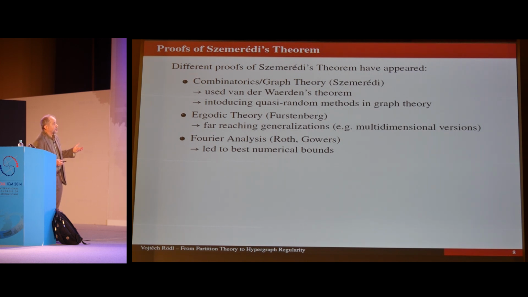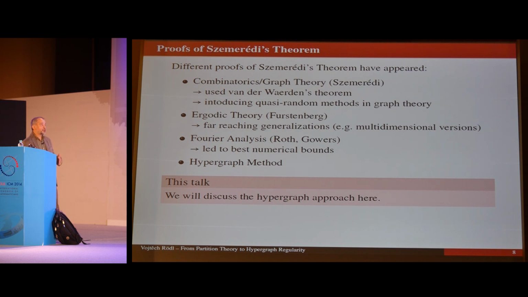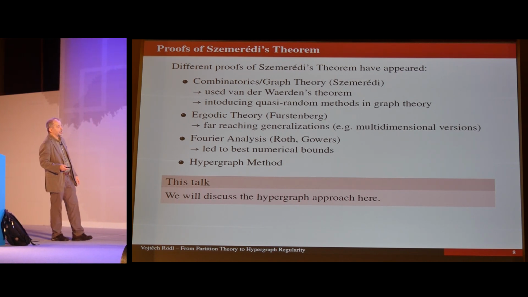On the other hand, there is another approach using Fourier analysis, originally started with Roth, and then Sanders and Gowers gave the best numerical bounds known currently. But since I don't have much to say about it, I will not discuss it. I will talk about yet another method, which uses hypergraphs, and this is what this talk will be devoted to.